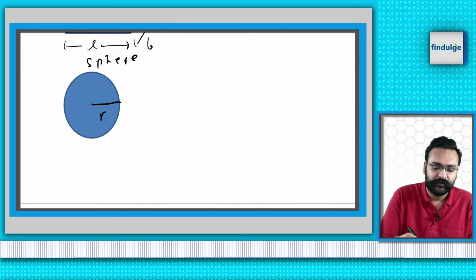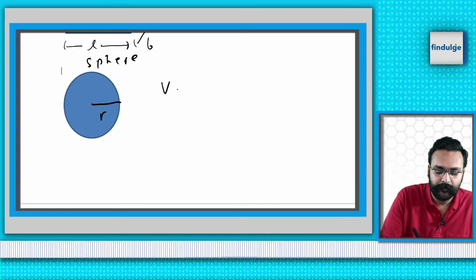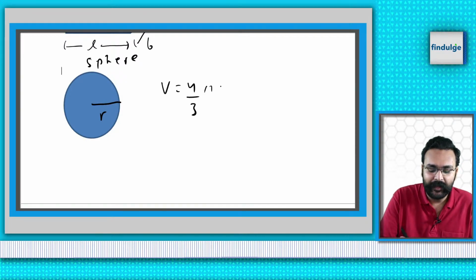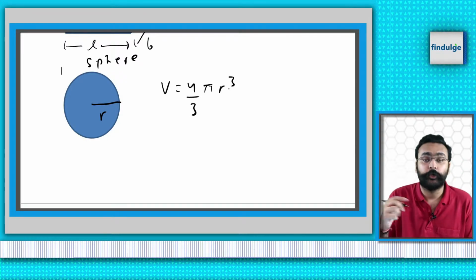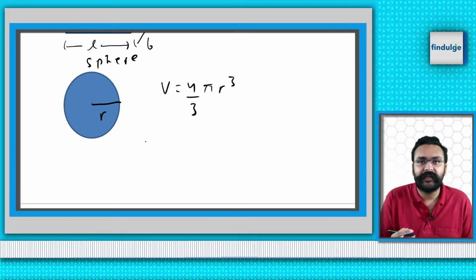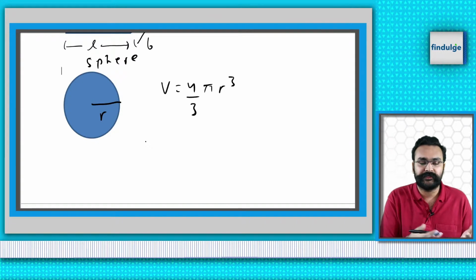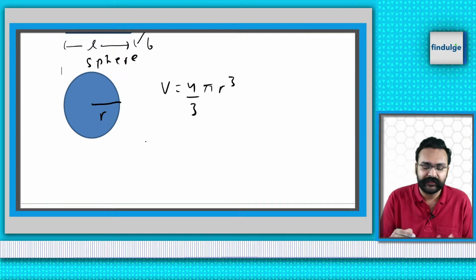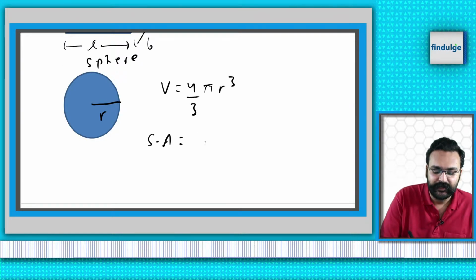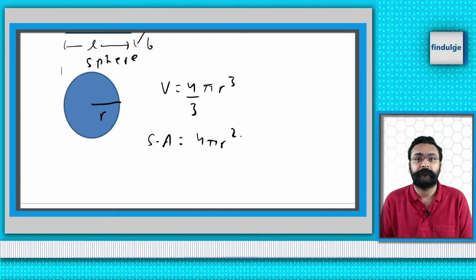Now, the volume of the sphere is equal to 4 by 3 pi r cubed. The curved surface area or total surface area, because in a sphere there is only one face, so the surface area of the sphere is 4 pi r squared.